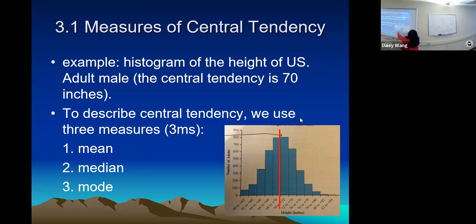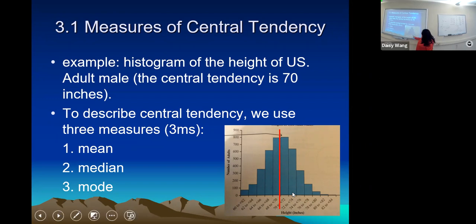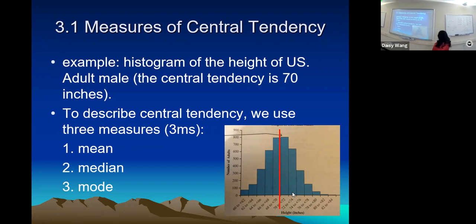The majority of people are between 68 to 72 inches, that's about 5'8" to 6'2". 68 is 5'8". Oh, I didn't know the majority of people are like 6'2". Interesting.